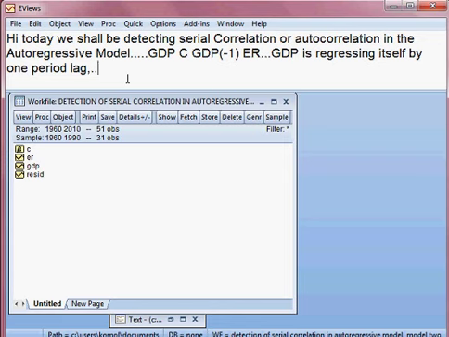I can give another example. Suppose exchange rate is the dependent variable, C is the constant, exchange rate lag 1 is the independent variable, and GDP is also an independent variable.